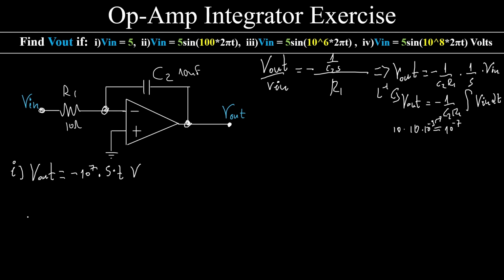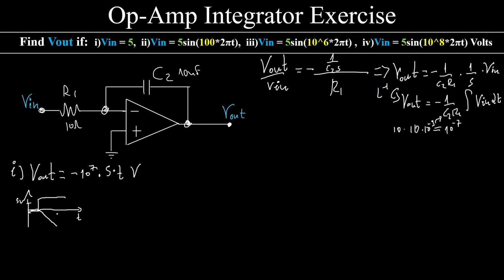Now, before we proceed to the next one, let's make an observation. If the input signal is, let's say this, a constant value of 5 volts with respect to time, it is very clear that the output signal will be some kind of line over here, which will be actually very steep, 10 to the power of 7 times 5.